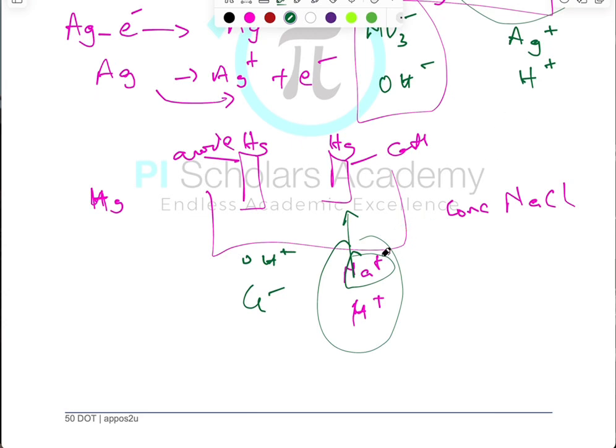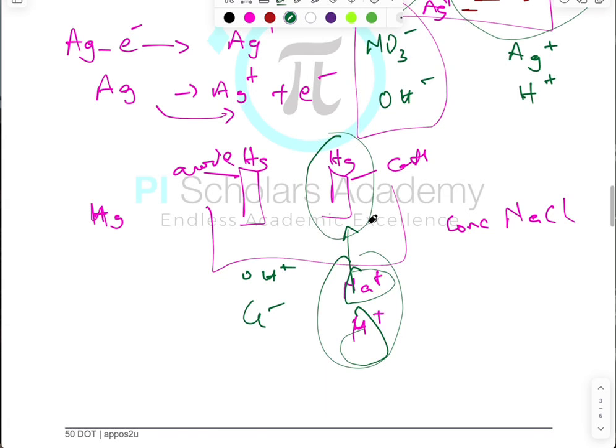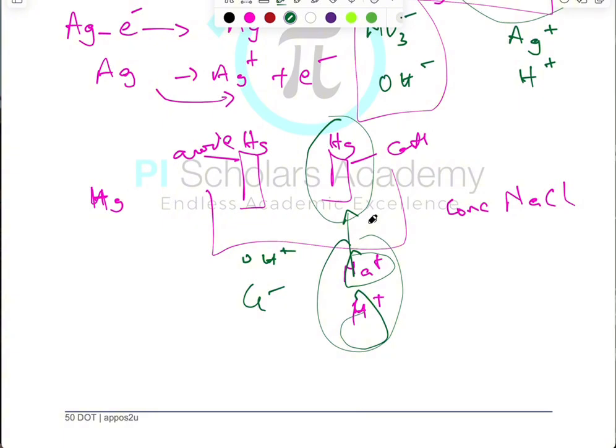So normally H plus should be discharged, but because we are using a mercury cathode, this third thing I just stated, the use of mercury as the cathode, takes place at the cathode. Hydrogen ion will not be discharged in this situation. Instead, what will be discharged preferentially is Na plus, even though it is above hydrogen in the electrochemical series. And that is it about electrolysis of all these things.